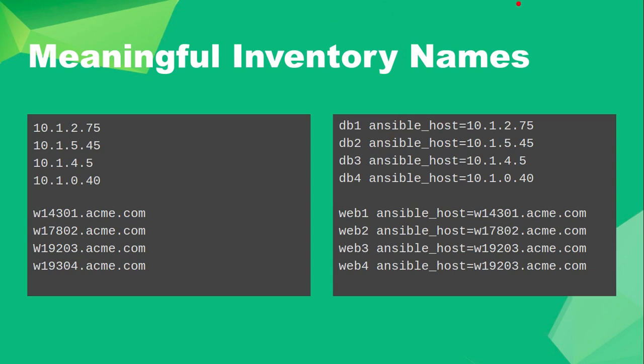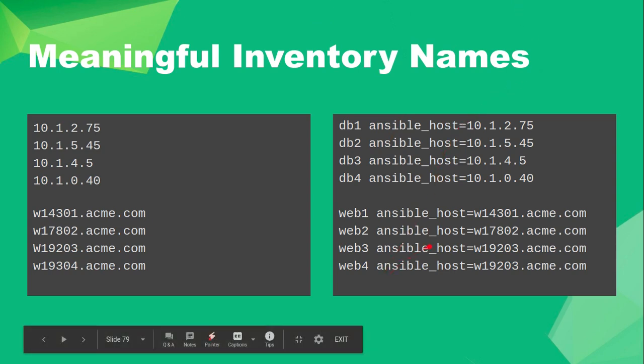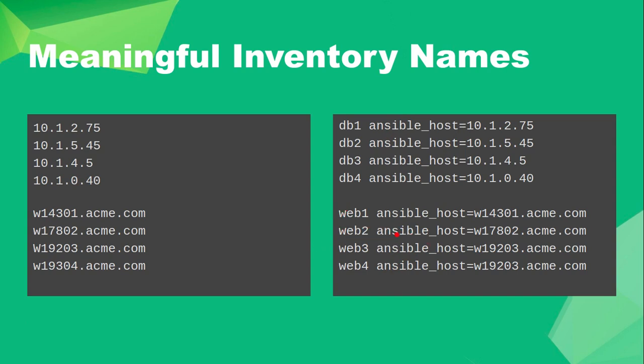And the below ones are the web servers, and we can give a proper name, web1, web2, web3, web4, right? This way, if you provide proper inventory names, that will really help us read properly and digest it properly. So it's always recommended that you give a proper name to your inventory.